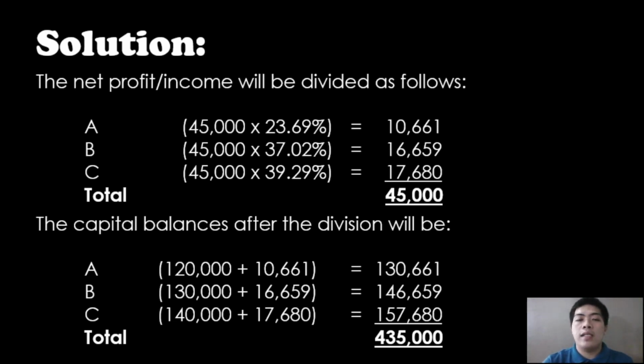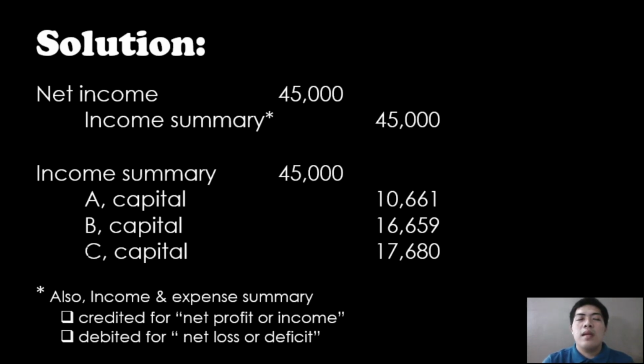Since profit, i-add siya sa capital balances. Yung entry, ganyan. I-close yung income doon sa income and expense summary. Then, yung income and expense summary, i-close doon sa capital accounts respectively, showing their share in the net profit.